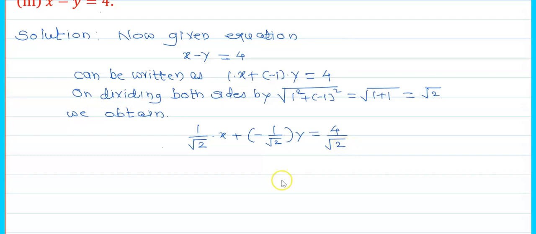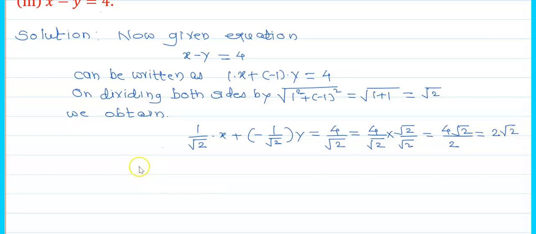And then after simplification, you will get 4 upon root 2 into root 2 upon root 2, that is 4 root 2 upon 2, you will get 2 root 2.